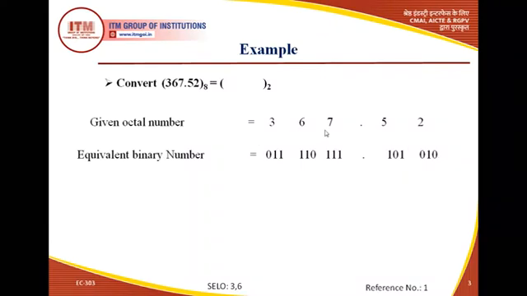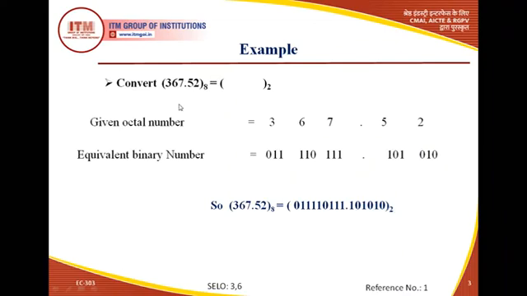For remembering that table we use four 0s, then four 1s, then two 0s, two 1s, then 0 1 0 1. So the binary equivalent of the number 367.52 is 011110111.101010.